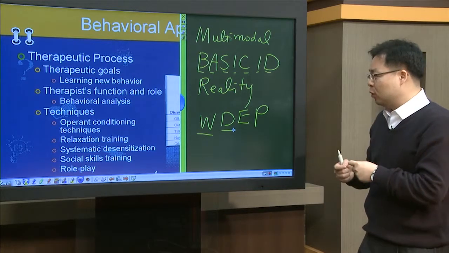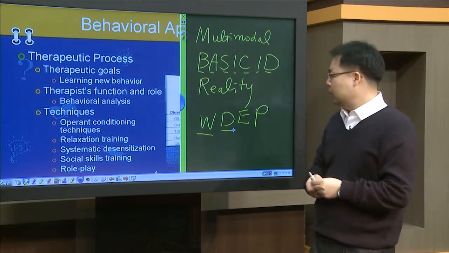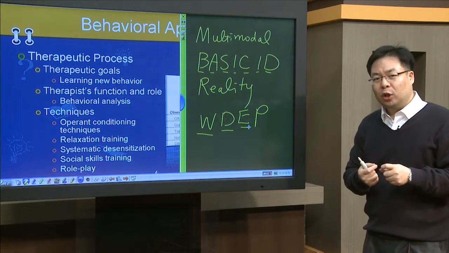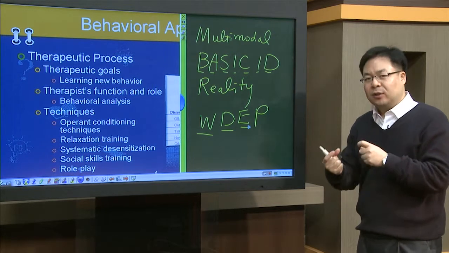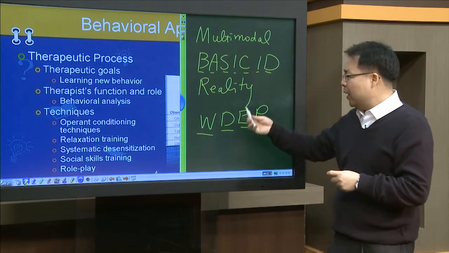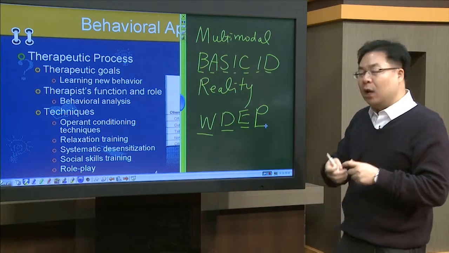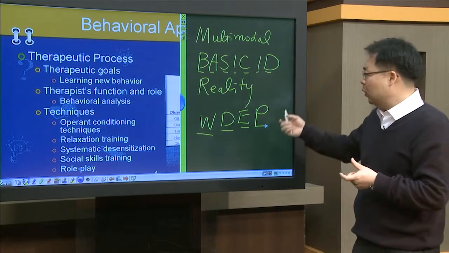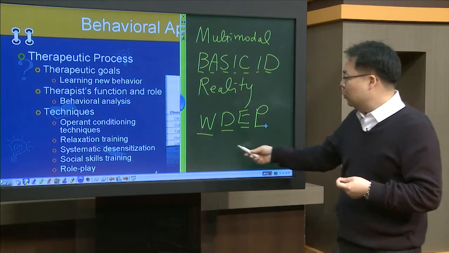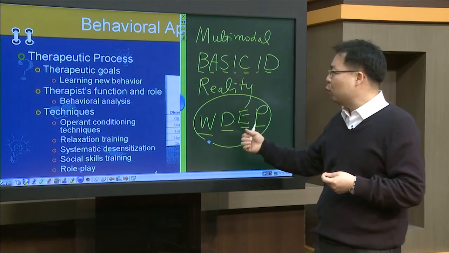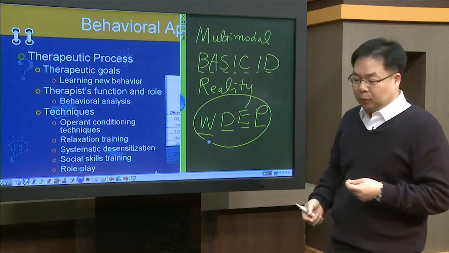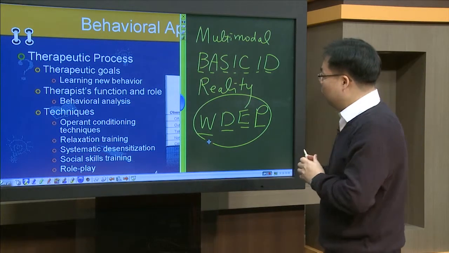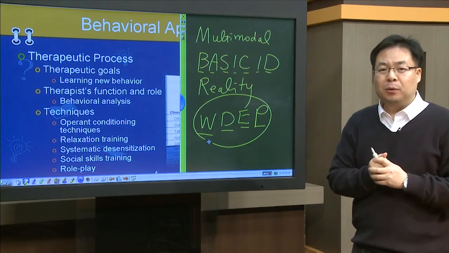What have you done so far to get what you want? How did it work? Was it working well or not? So we ask the client to evaluate what they have done so far. And if it is not working well, we can ask them to develop another and better plan for changing their behavior. So the WDEP system is another framework in reality therapy. So I ask you to read more about the additional behavioral approaches.